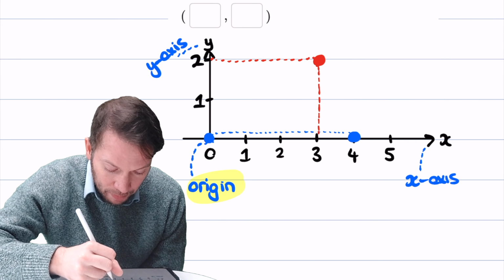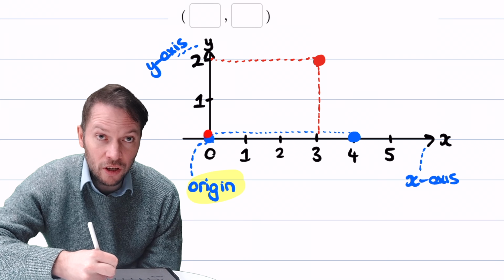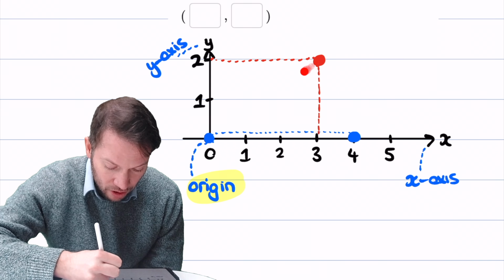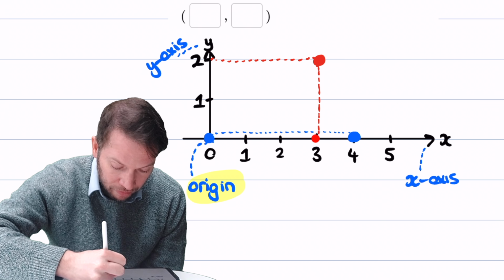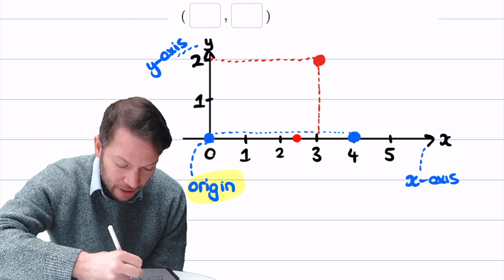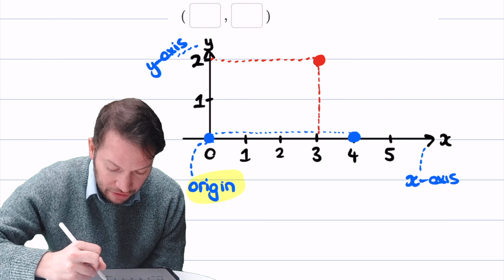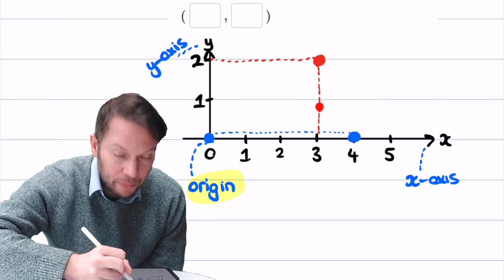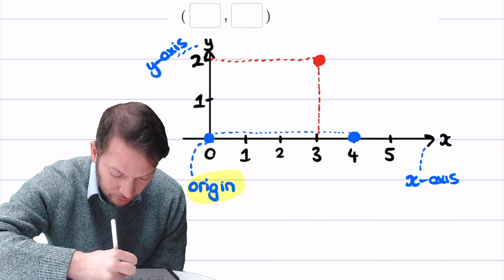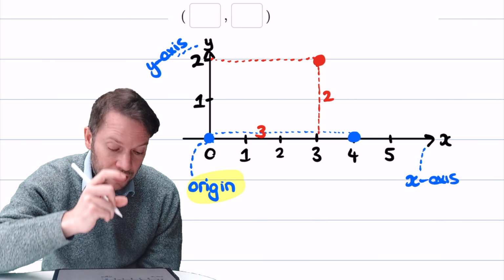And another way of thinking about that is how we move from the origin. To get from the origin, the starting point, to this point here, we move 3 along on the x-axis, and then we move 2 along in the y direction. So this is the y direction going up and down. We can see we've gone 2 up in the y direction. So that's 3 right in the x direction, 2 up in the y direction, the vertical direction.